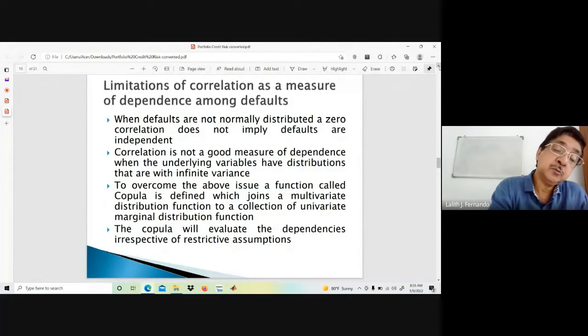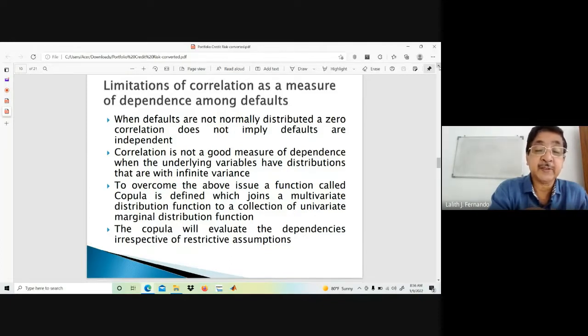Now, in order to overcome this, there's a particular thing that has been innovated. We call it a copula. It's a multivariate distribution function, and it mitigates the bad effects of correlation.